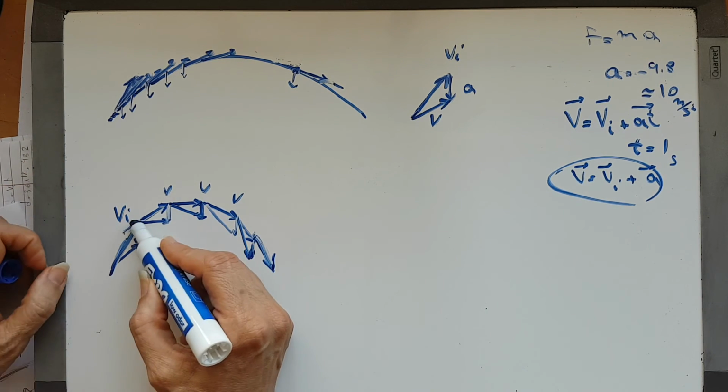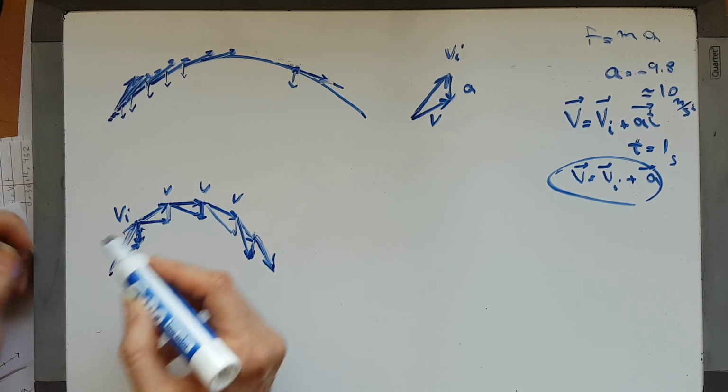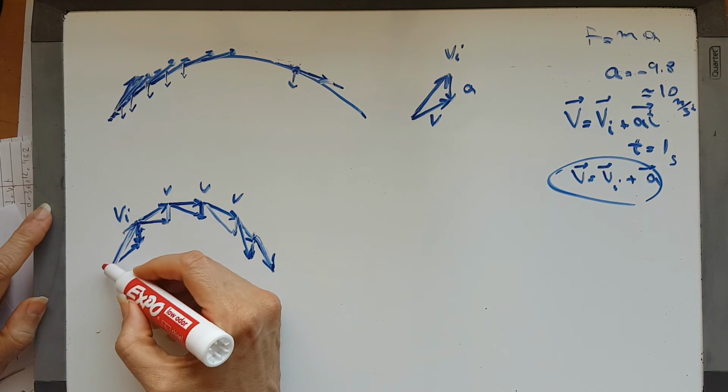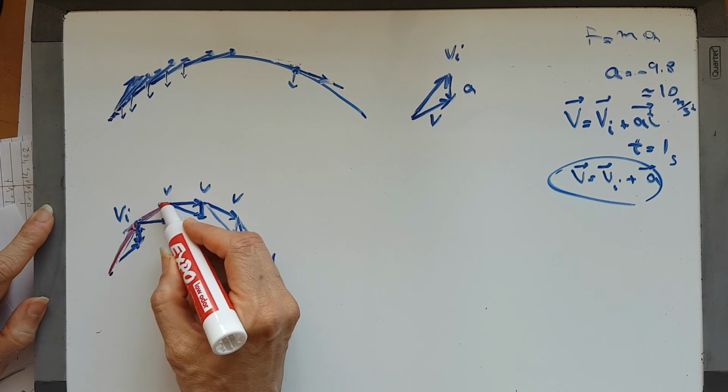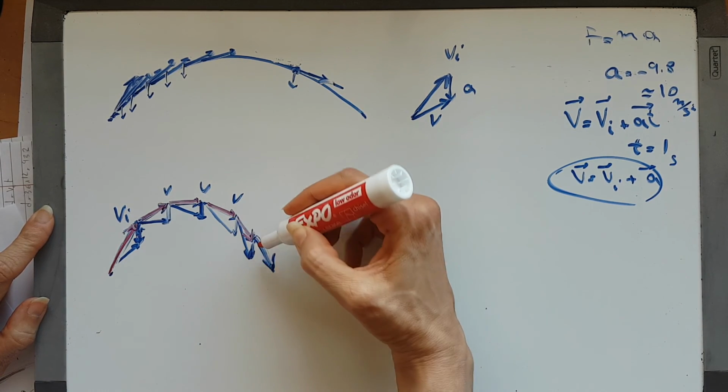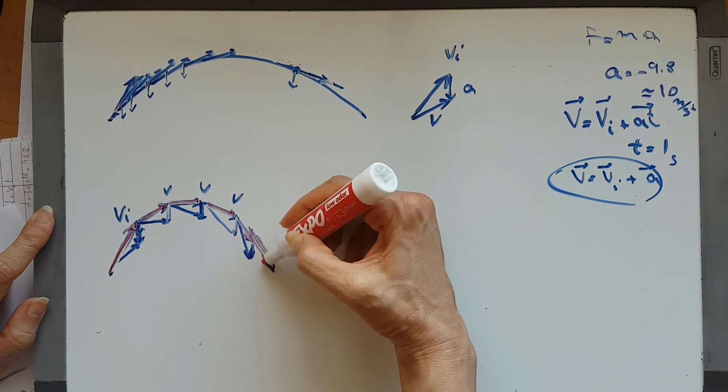There is definitely a symmetry in here, so I'm going to draw it a little bit better so you can see the symmetry. This is vi. These are the other v's, as you can see. They're going to be like this actually.